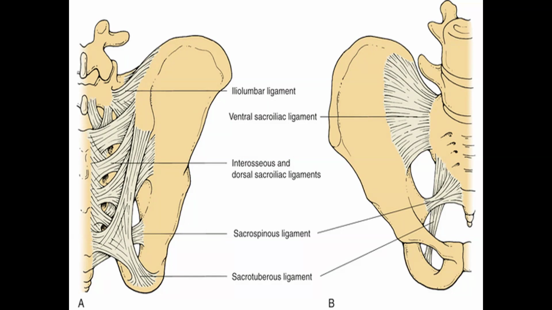The sacroiliac joint has 6 types of ligaments. You need to know them as a pain physician, such as the ventral sacroiliac ligament, sacrospinous, sacrotuberous, interosseous, dorsal sacroiliac ligament, and the iliolumbar ligament.